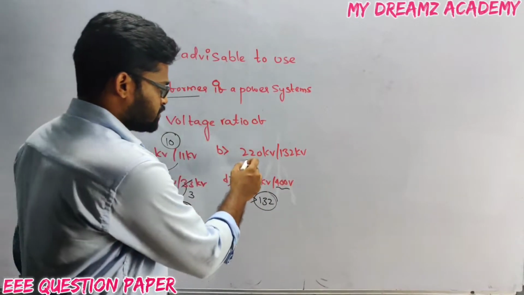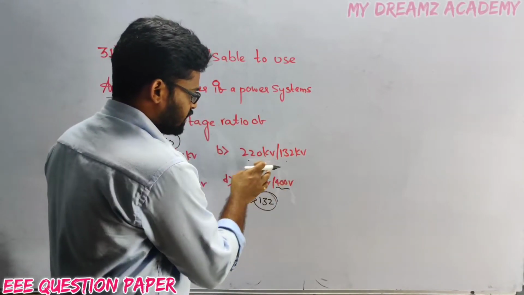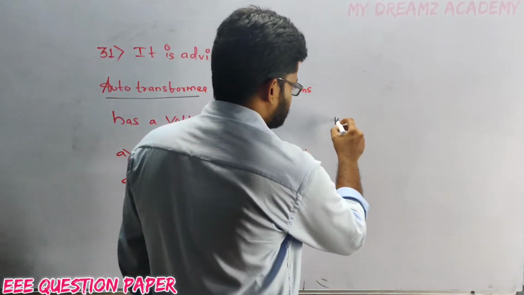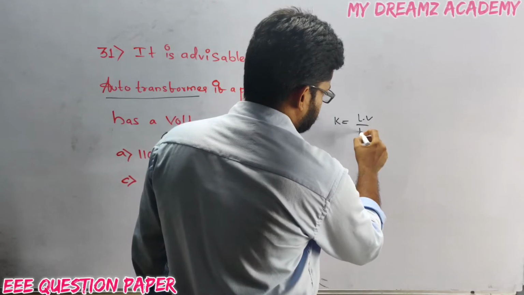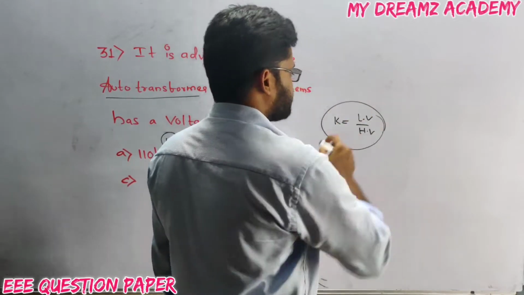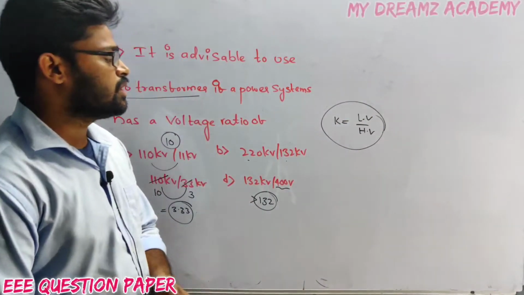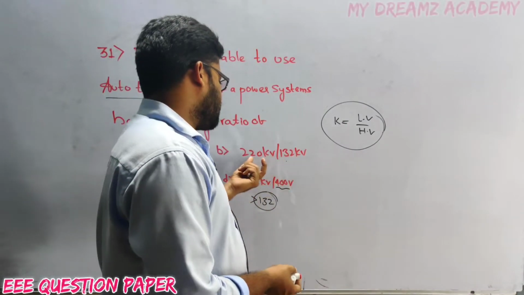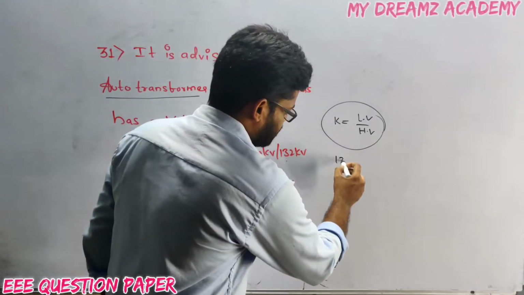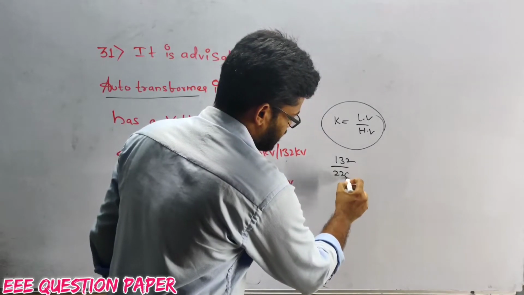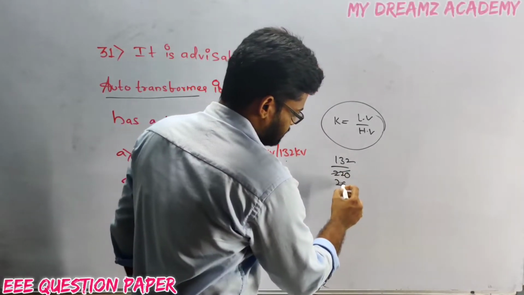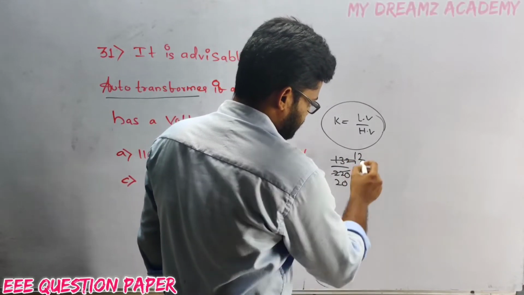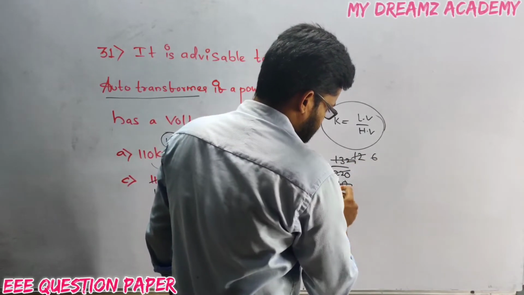Okay, but observe these two, 132 and 220. We always write K value like this, that is LV divided by HV in auto transformer. So 132 divided by 220, 11 2s are, 11 1s are, 11 2s are 22, 6s are, 2 10s are.